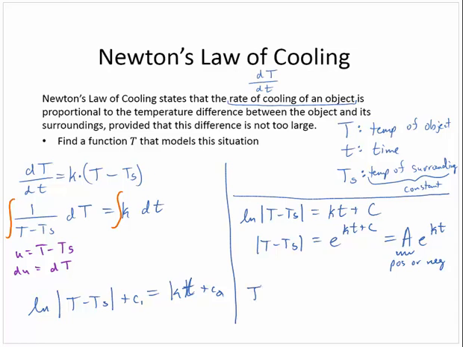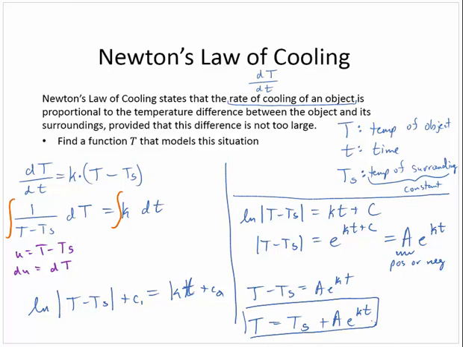And so I can write that T minus T sub S is simply A e to the kt. Now I can solve for T by adding T sub S to both sides. And so T is equal to T sub S plus A e to the kt. And so this model can be used to represent Newton's law of cooling.